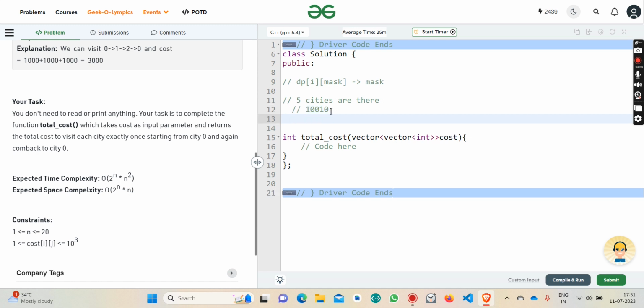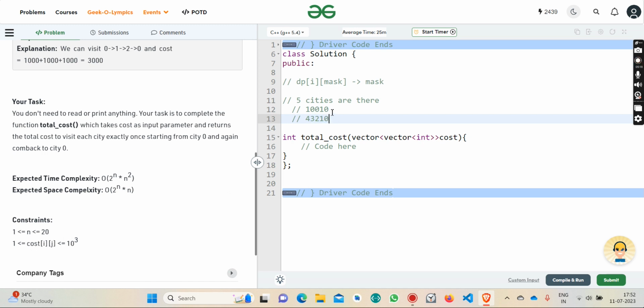Since we are following zero based indexing, the bits are indexed 4, 3, 2, 1, 0. So I have indexed the cities.